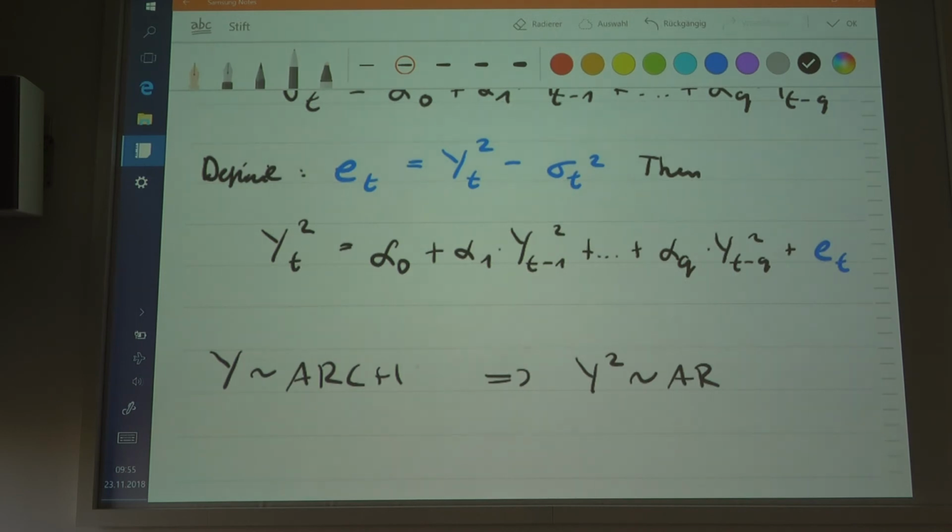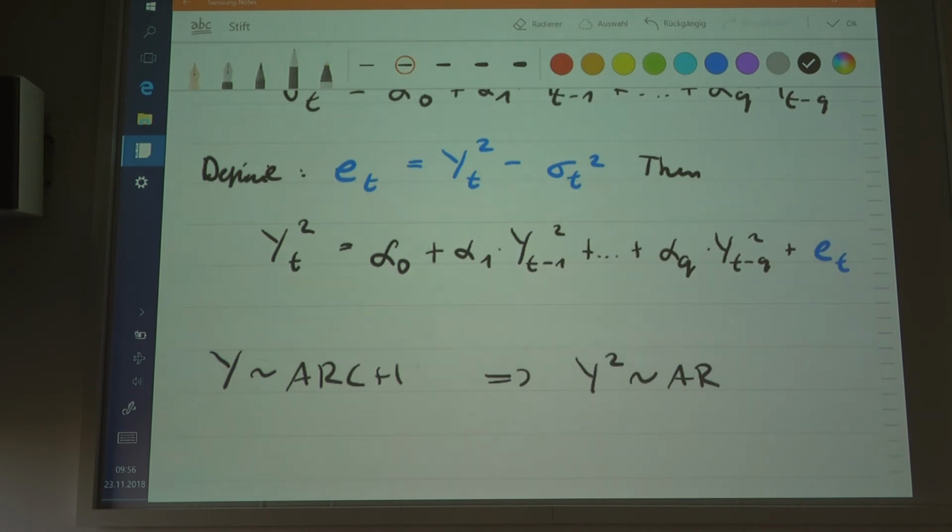That's what volatility clustering is about. The squares depend on previous realizations of the process, and that's how volatility clustering can be achieved. That's how you would examine whether or not the squares of the process can be represented by means of an autoregressive model.